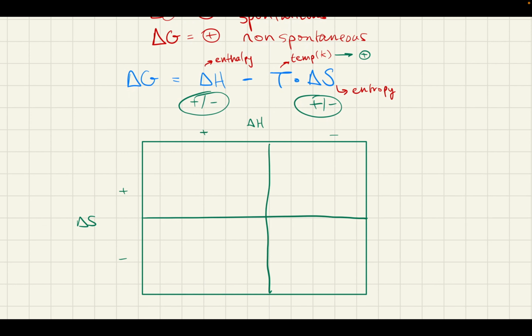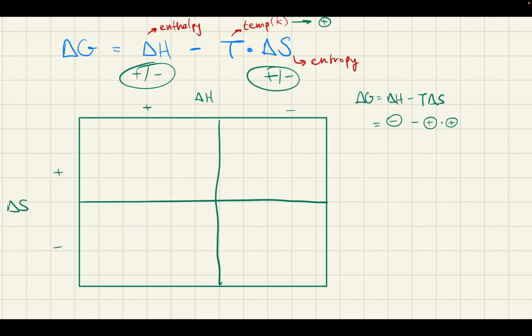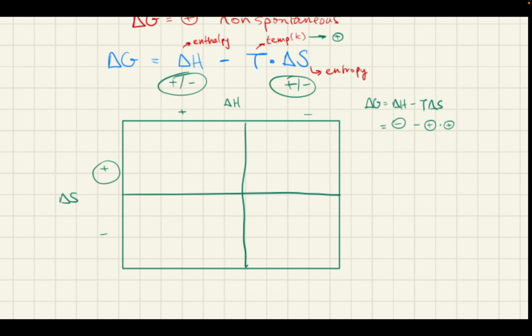In this square, we have delta G equal to delta H minus T times delta S. So in this top right square, we have a negative value minus temperature, which is always a positive value, times a positive value of delta S, because it's up here.